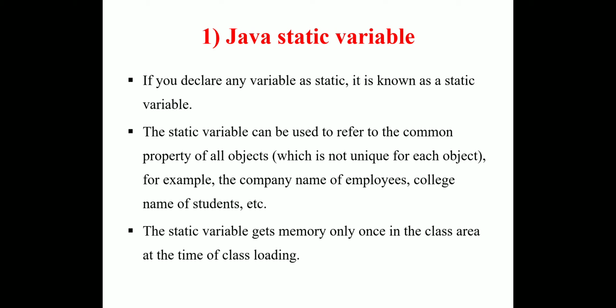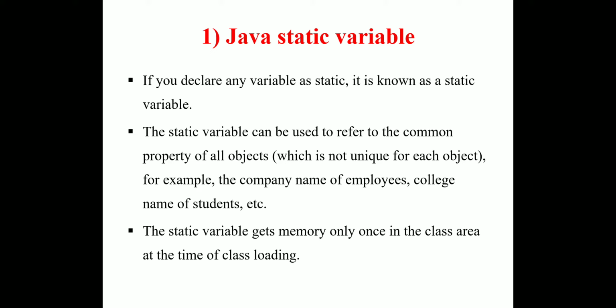First one is the static variable. If you declare any variable with the static keyword, it is known as a static variable. The static variable can be used to refer to the common properties of all the objects, which is not unique for an object.